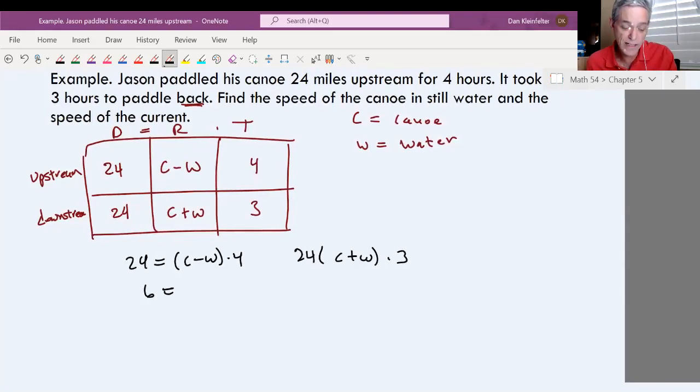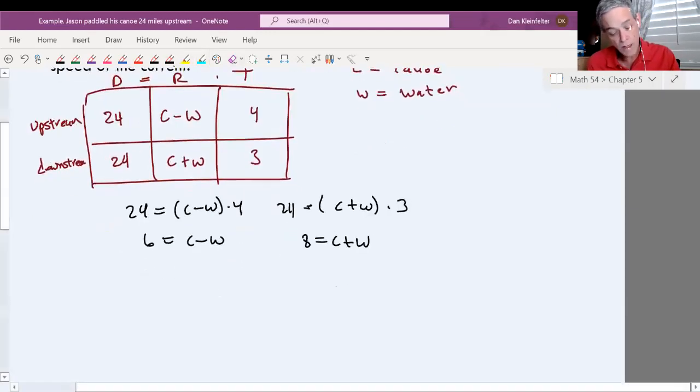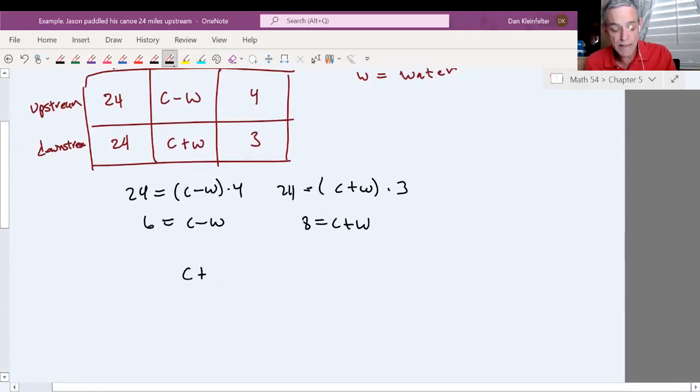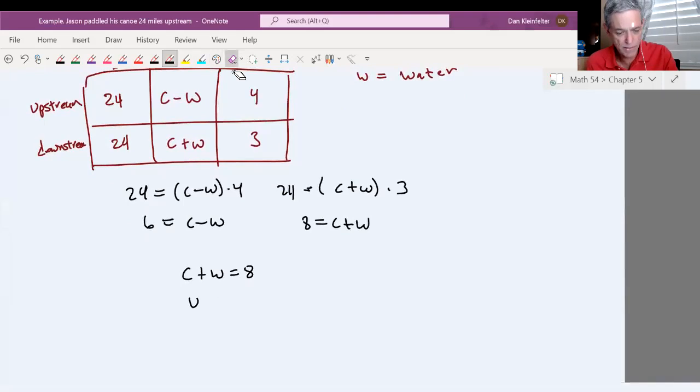So we'll have 6 is C minus W. For the other one, we'll divide both sides by 3, so that we'll have 8 is C plus W. So our two equations look like C plus W is 8 and C minus W is 6. Now we can add together the two equations.